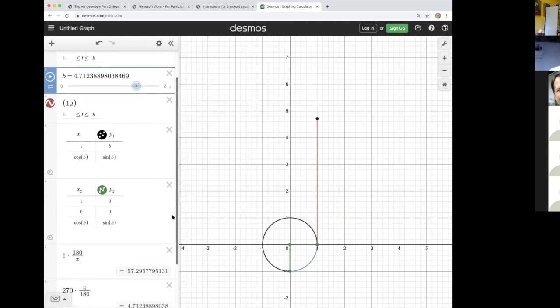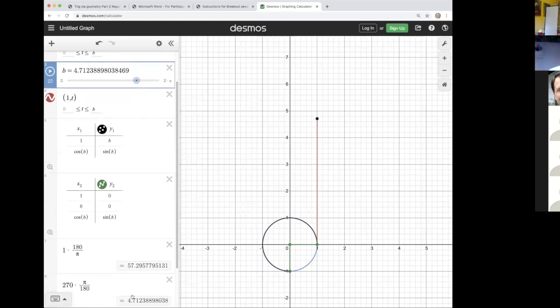Look at that. Do these look alike? 4.7123889803. It's even giving me more accuracy up here on my slider for pi over 3 radians. Please correct me, I'm having trouble getting my numbers mixed up.